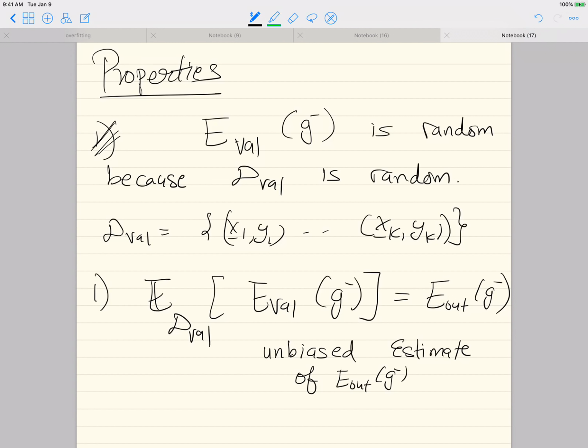So for any k, your Eval is going to be a random quantity because these points are random, right? And so your estimate is a random value, which is what you have. But what we are saying is that in expectation, this estimate will equal the test error. Or in other words, if you take an infinite number of points and evaluate Eval, it will equal the test error. So it's an unbiased estimator. In the limit of a large number of points, there is no difference between Eval and E_out.